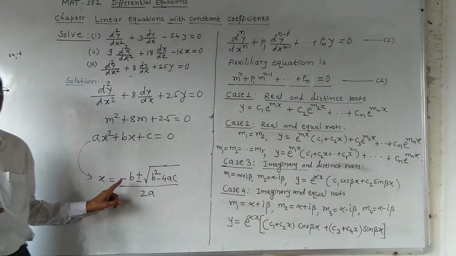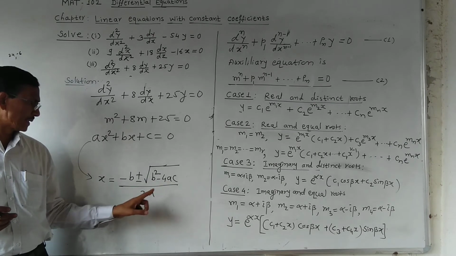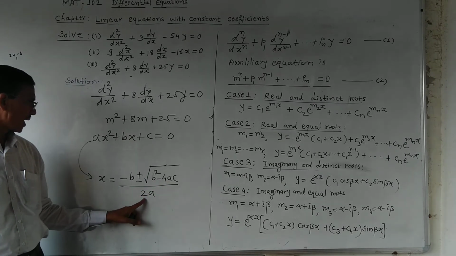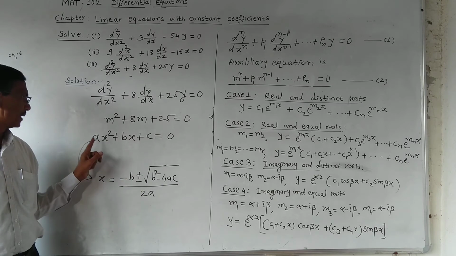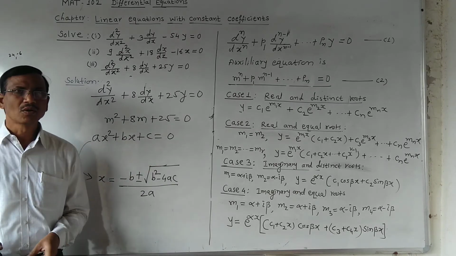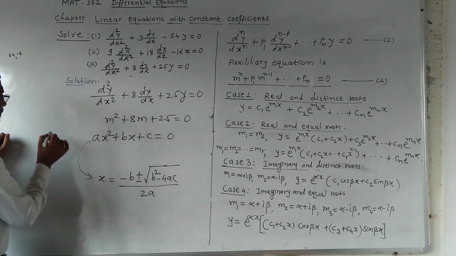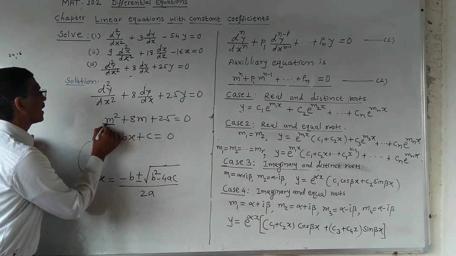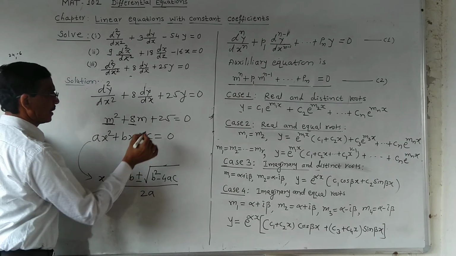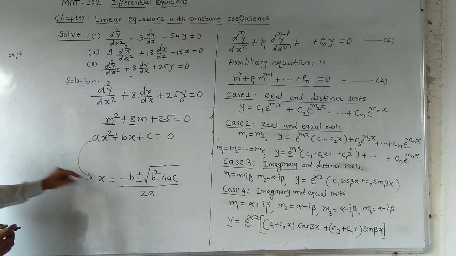Here a, b, c, a is the coefficient of x square, b is the coefficient of x, and c is the constant term. For this problem, what is our a? A is 1 here, b is 8, and c is 25.